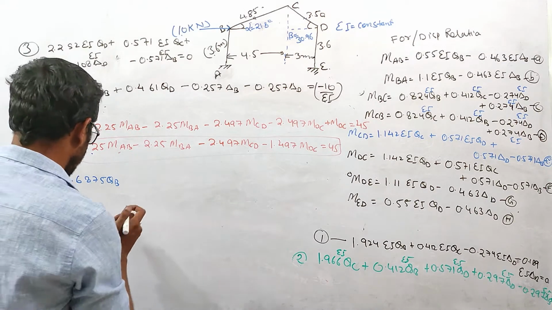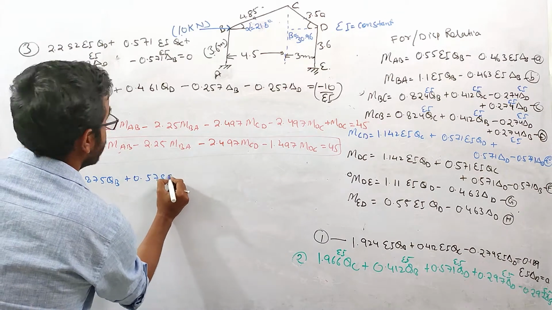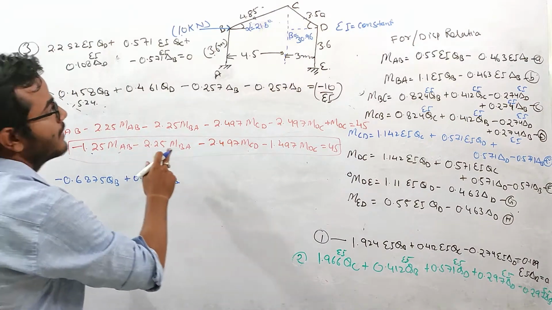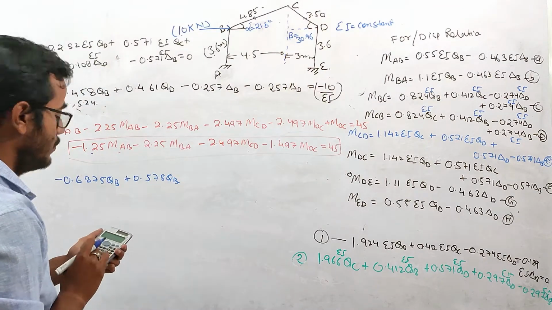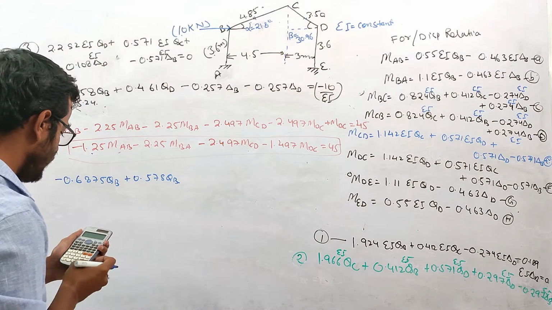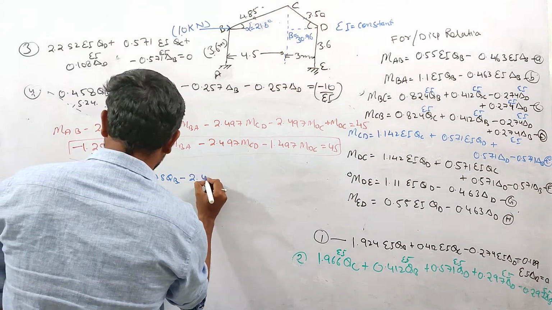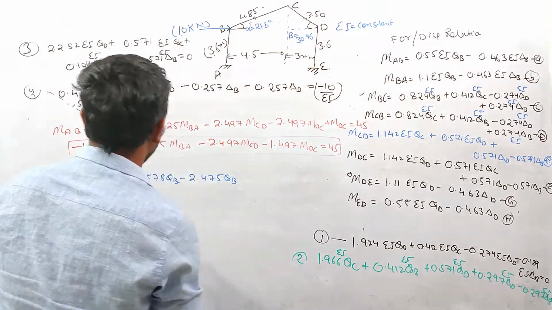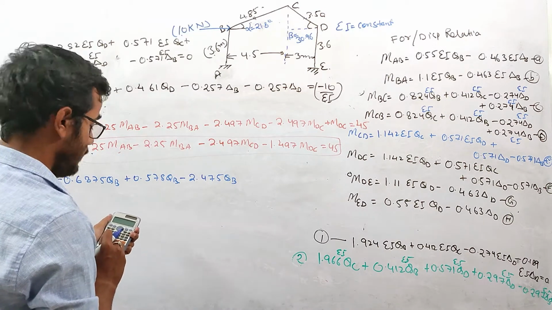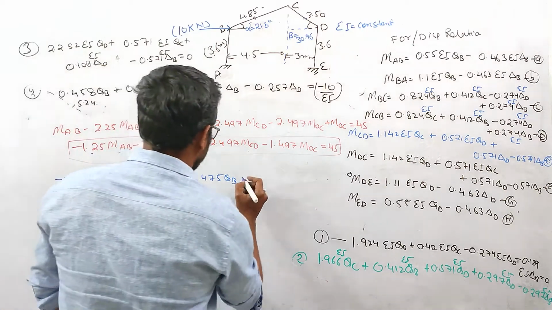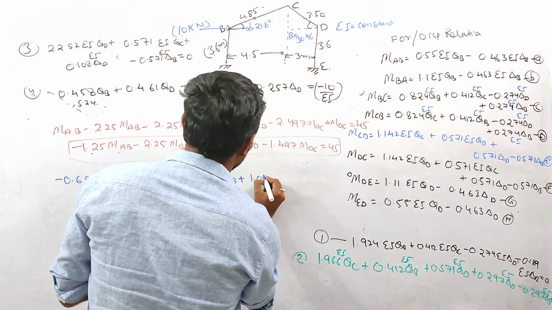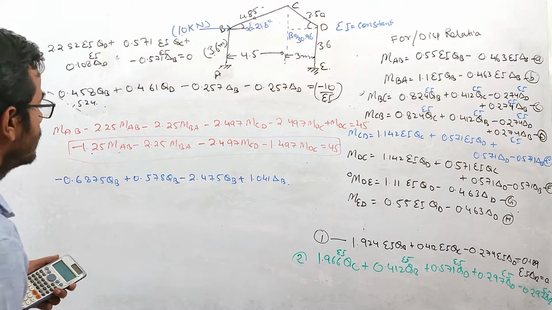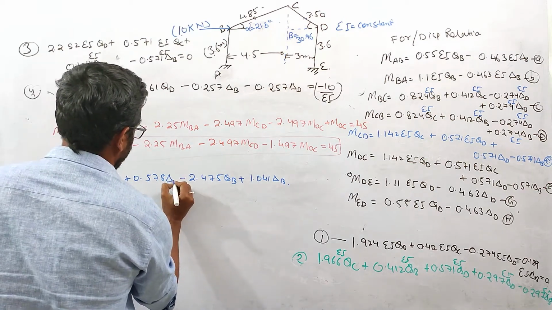So this is plus 0.578 theta B, right? Now again I multiply this coefficient by this equation MBA. So 1.1 into minus 2.25. So this is minus 2.475 theta B, right? And again this is minus 2.25 into 0.463. So this is plus 1.041 delta B. This is delta B. Okay.